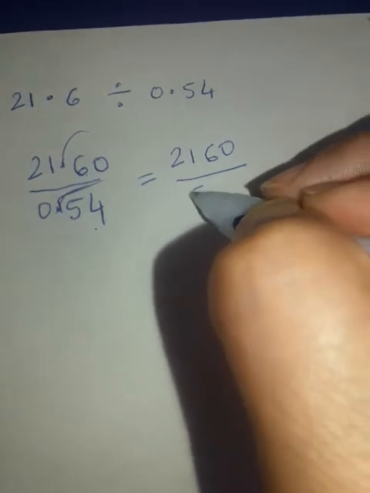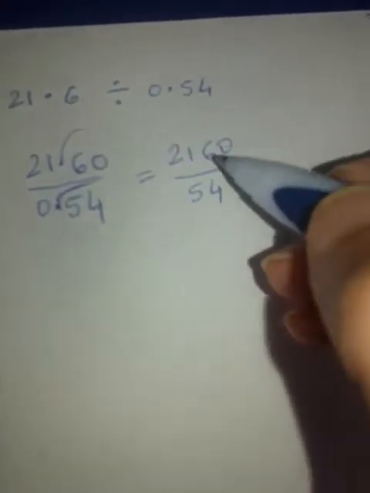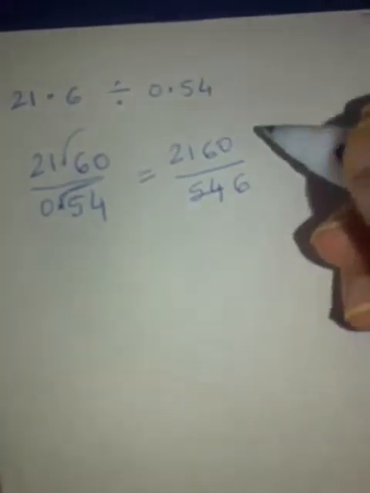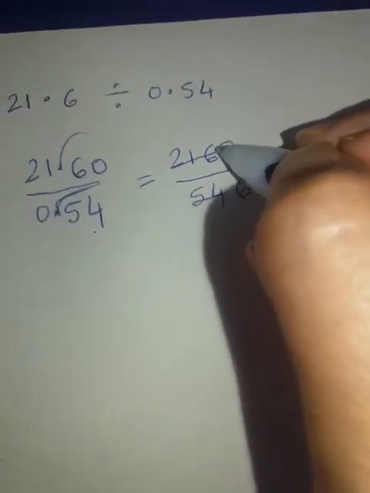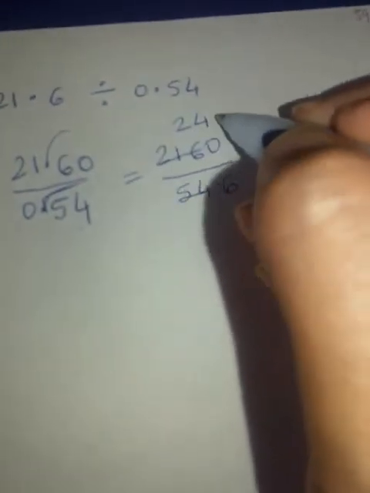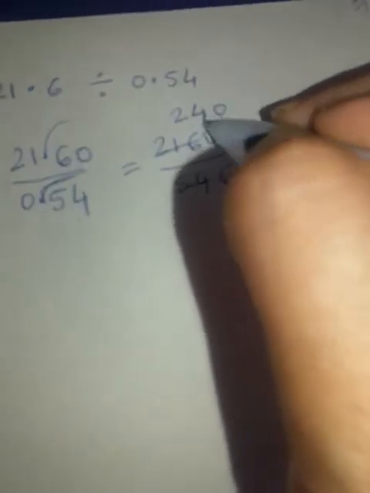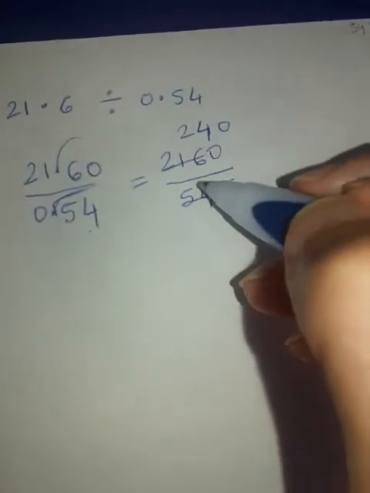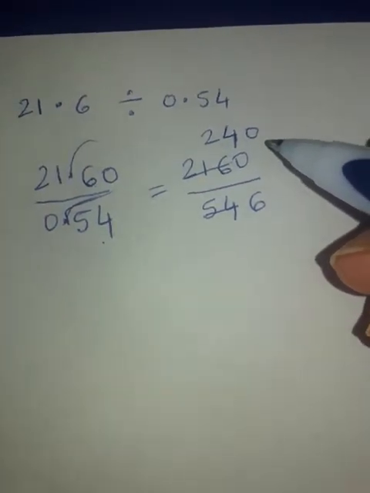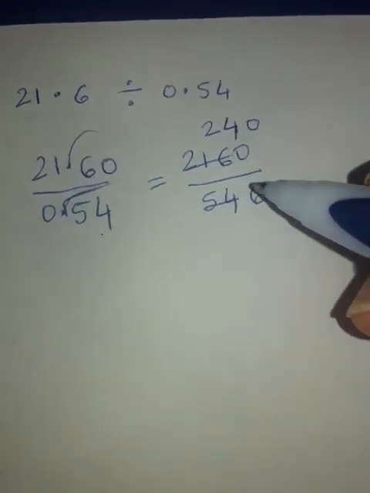So this becomes 2160 upon 54. Both are divisible by 9. 9 6s are 54. 9 2s are 18. 9 4s are 36 and 0. Actually they both were divisible by 18 also. But when I looked at it, immediately I noticed 9, so I divided by 9.